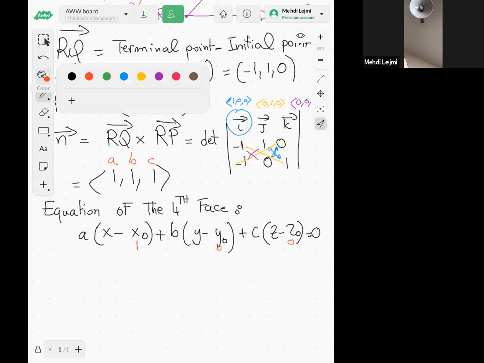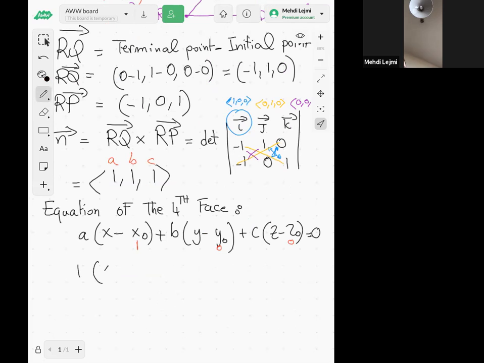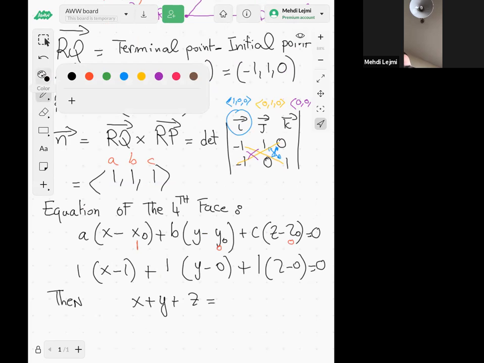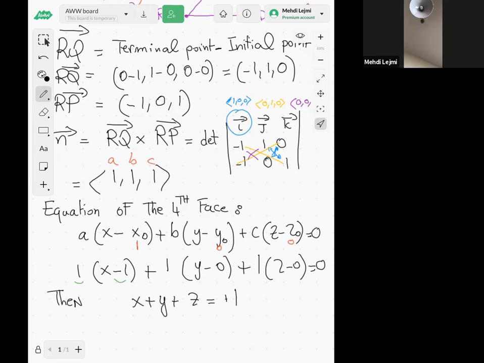So anyway, the equation would be 1 times (x minus 1) plus 1 times (y minus 0) plus 1 times (z minus 0). So then you end up with x plus y plus z equals 1. So there's this constant -1 here. If you move it to the other side, it would be +1.